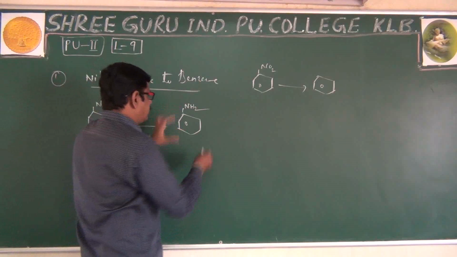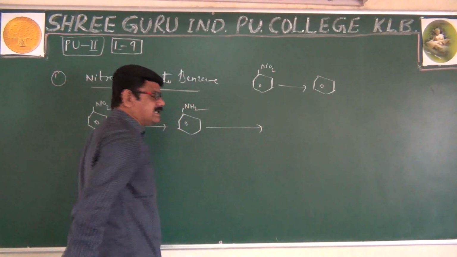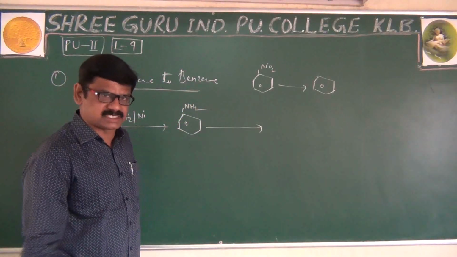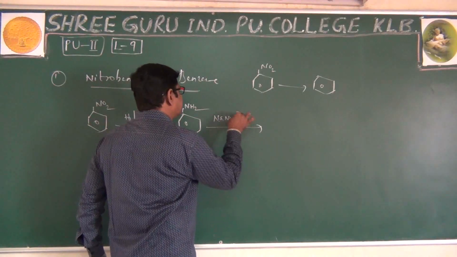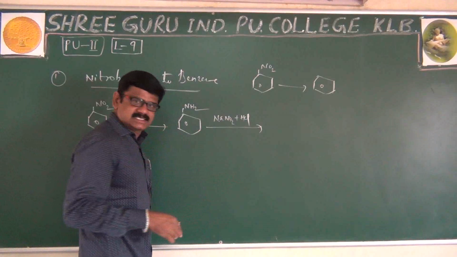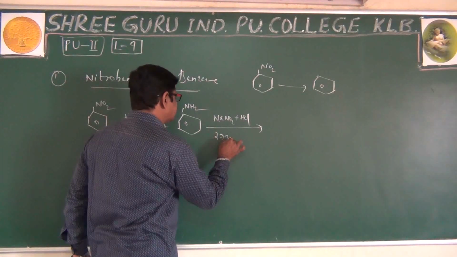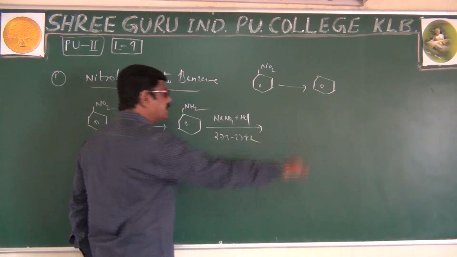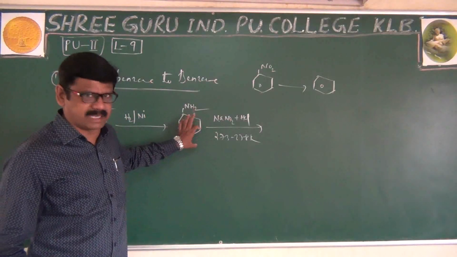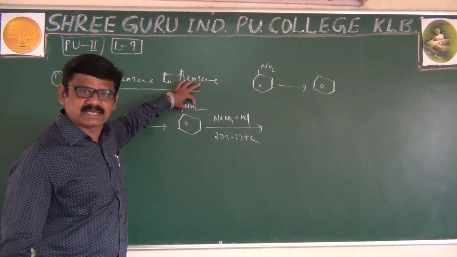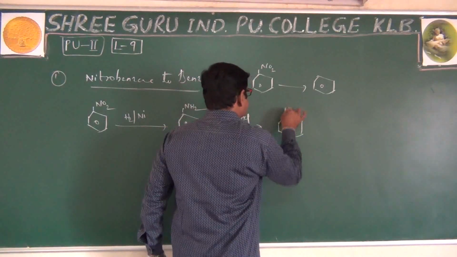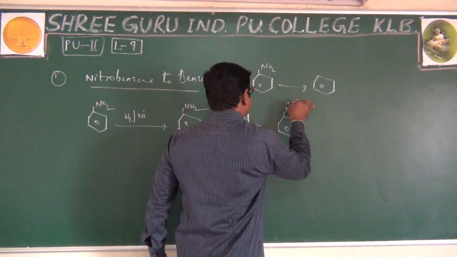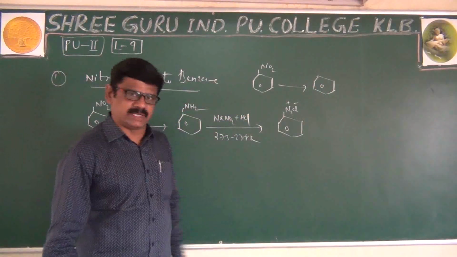Very simple. The aniline we are getting undergoes a diazotization process. For that purpose, we will use NaNO2 and HCl. The reaction takes place at 273 to 278 Kelvin. So diazotization takes place, and the NH2 group is converted to N2Cl. Benzene diazonium chloride is obtained.